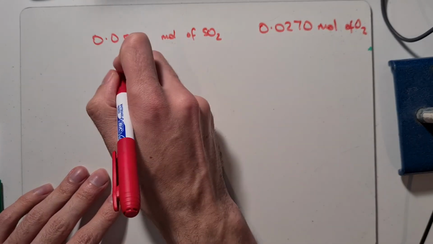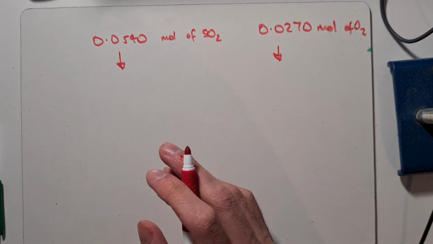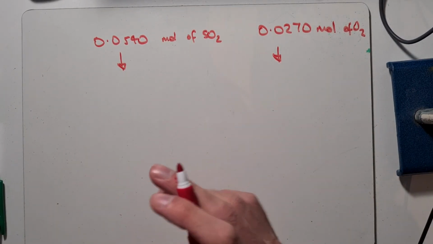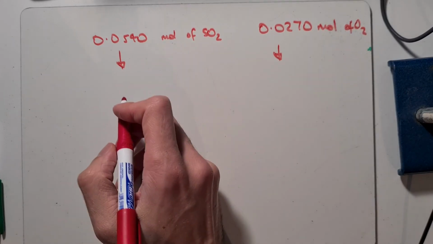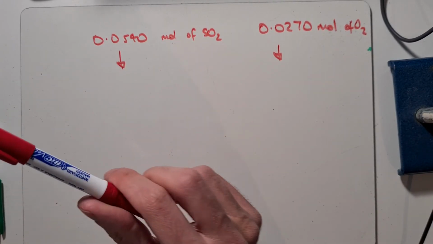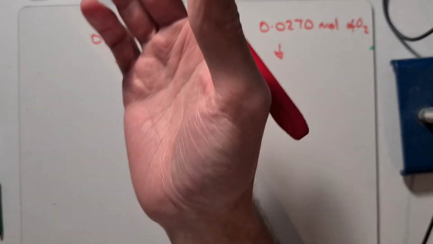So concentrations first, so we can put them into our expression, and we have this in 400 centimeters cubed. So that will be 0.4 decimeters cubed.